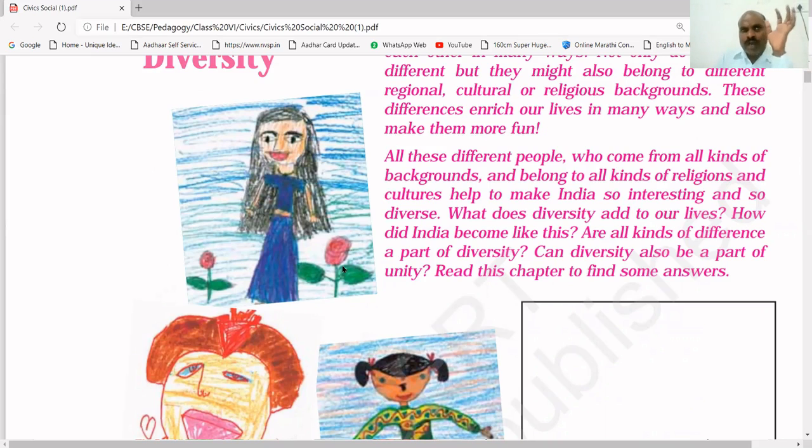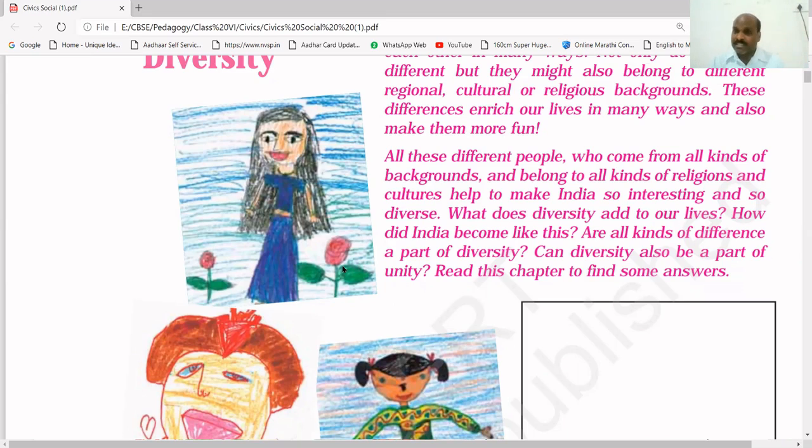So have you ever thought about what benefit you get because of this diversity? What does this diversity add to your life? Have you ever thought about that? Have you ever imagined how India became like this, a huge country with this much diversity?